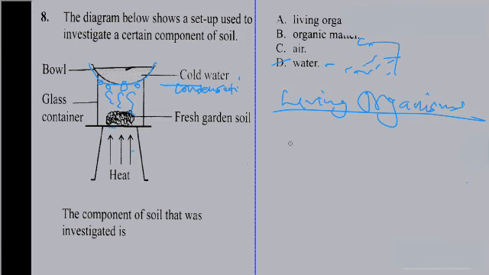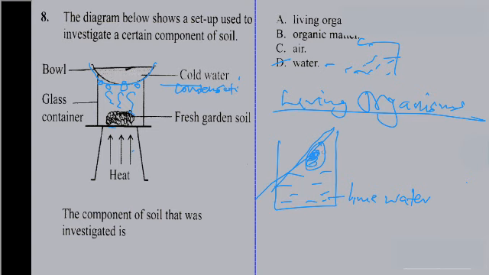So you take a container. In this container, put lime water. And then in this lime water, take soil and cover it with some material. This is soil. You may put it in a muslin bag.